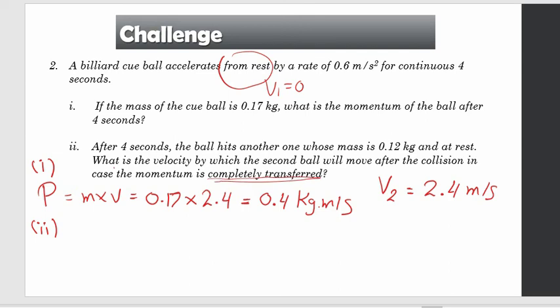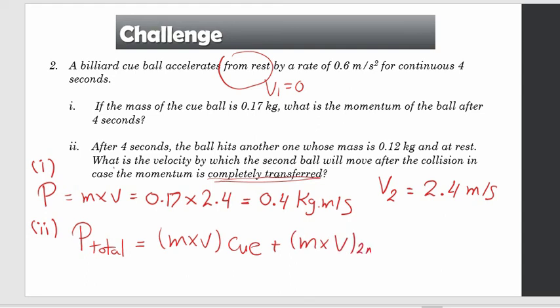This means that the total momentum before the collision was m times v for the cue ball plus m times v for the second ball. Now, the second ball was at rest at first.